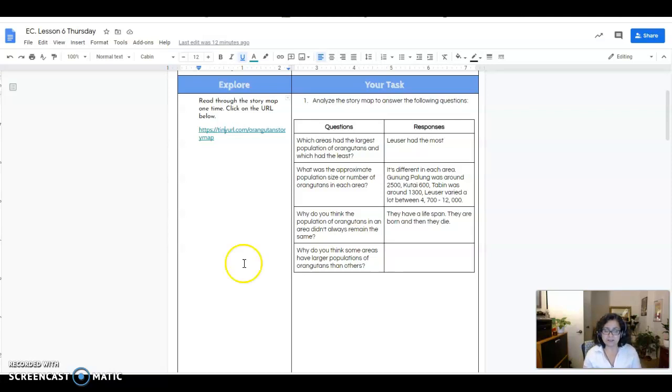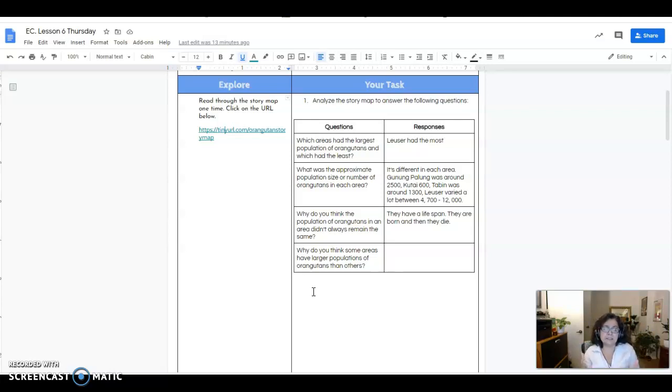And the last question says, why do you think some areas have larger populations of orangutans than others? Why would one area have a lot more orangutans than other areas? I mean, there's no right or wrong answer. I'm looking to see what you wrote, but in my head, the first thing that comes to mind is, well, maybe bigger areas can have more orangutans, right?